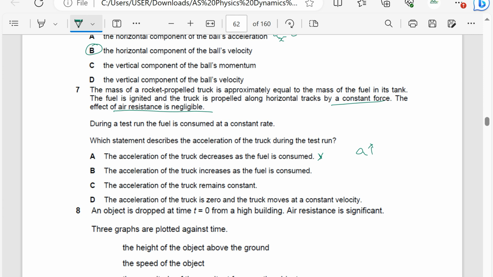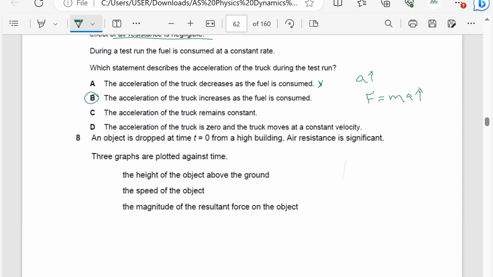It means the acceleration is going to be increased. Let's check B. The acceleration of the truck increases as the fuel is consumed, so the answer is B. I'm saying burning fuel increases the propelling force, and since force is equal to mass times acceleration, it also means that the acceleration increases, so the answer is B.